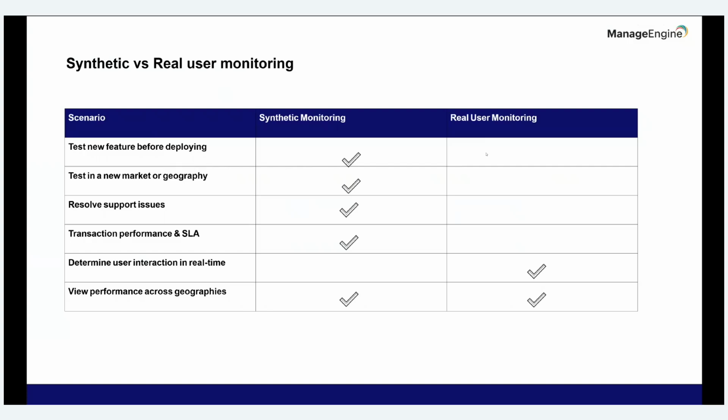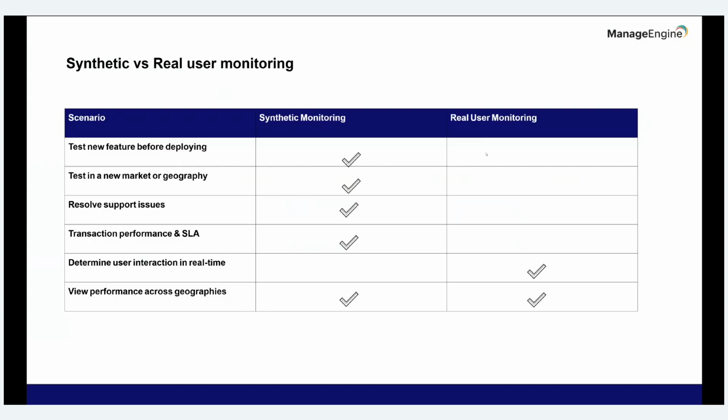Whereas real user monitoring captures the live user action. I don't need to simulate anything. I can just capture my real user transactions and get to know how my website is performing and how my users are performing. In both scenarios, you'll be able to view performance across different geolocations.